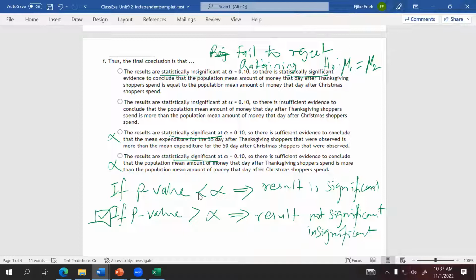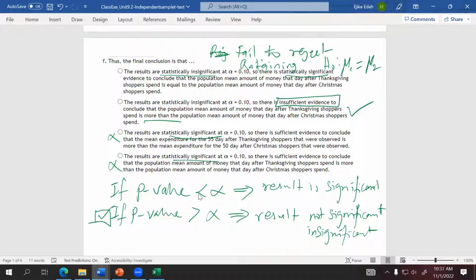Let's see. So the second one says the results are statistically insignificant at alpha 0.1. So there is insufficient evidence to conclude that the population mean amount of money the day after Thanksgiving shoppers spend is more than the amount of money spent after Christmas. So this will be more correct, right? Because we don't have enough evidence to support that alternative.